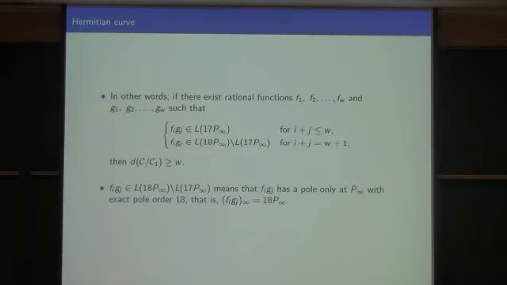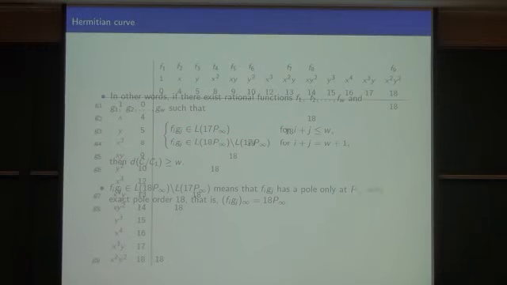What does this mean? This means that f_i g_j has a pole only at P∞ with exact pole order 18. That means the pole divisor of f_i g_j is 18P∞. Right? So we need to find functions that have this condition. If we can find these, then we have the coset distance.